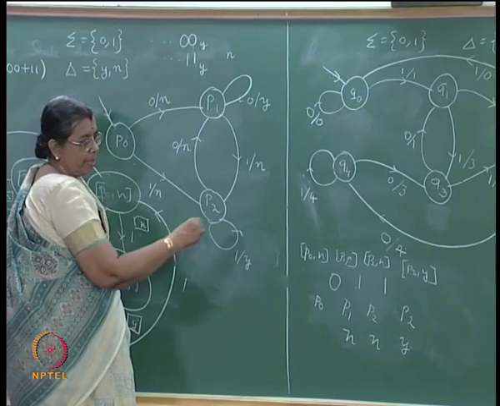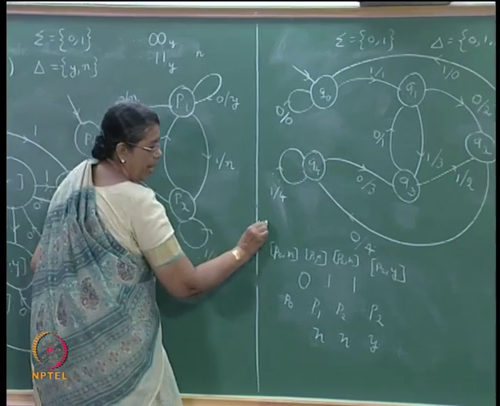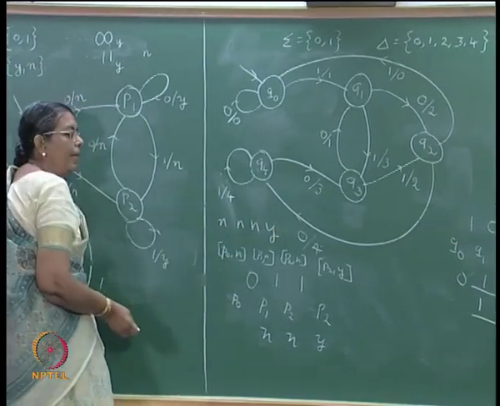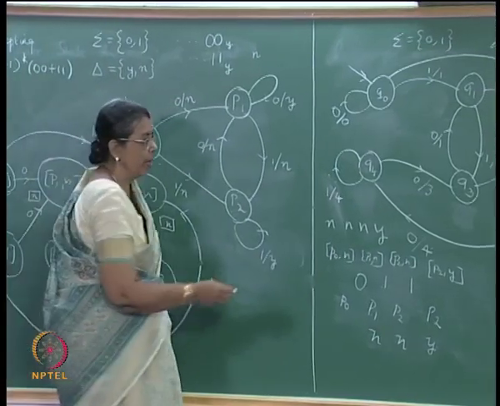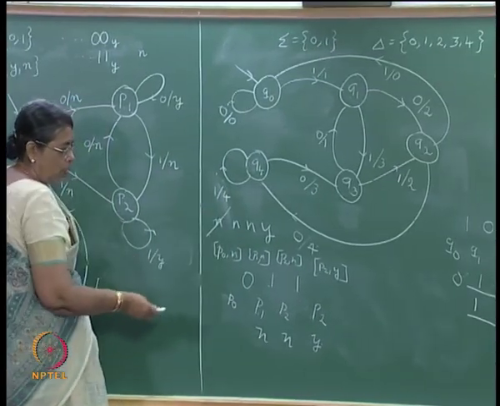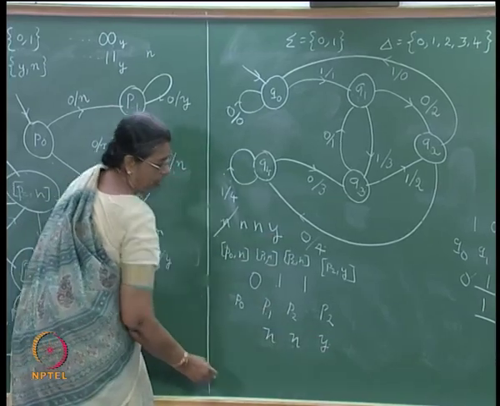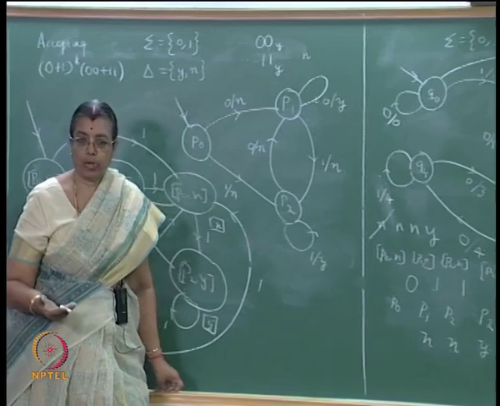And the output sequence is the second component. So, it will be n n n y, but in the case of a Moore machine we have to ignore the first one. So, the output is n n y, here also the output is n n y. So, you get the same output.